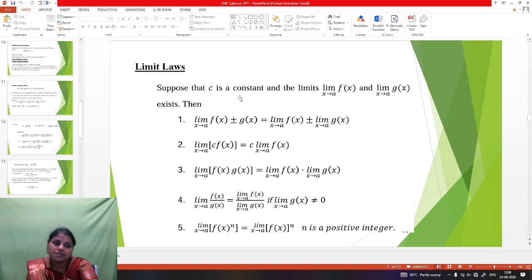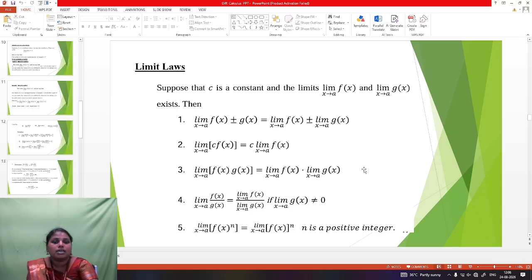Two limit functions exist, so then we get the laws.